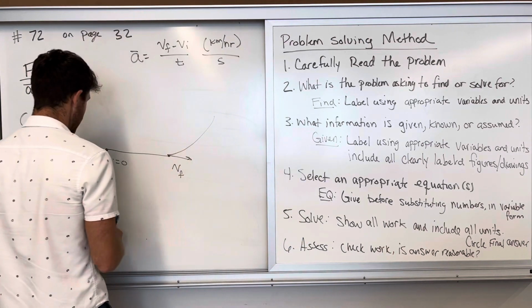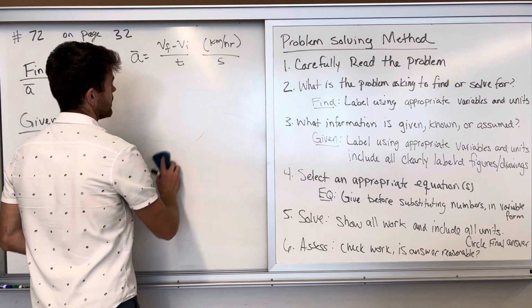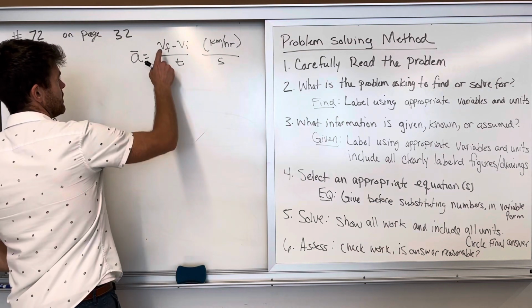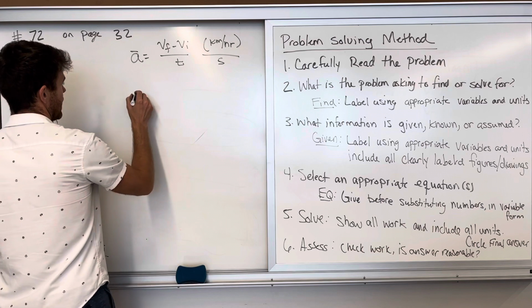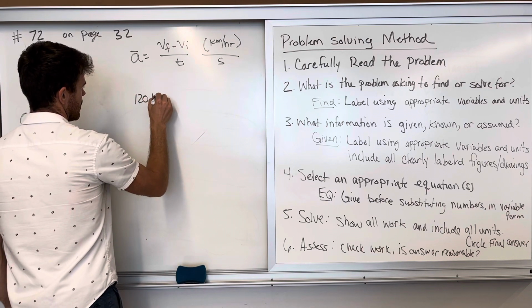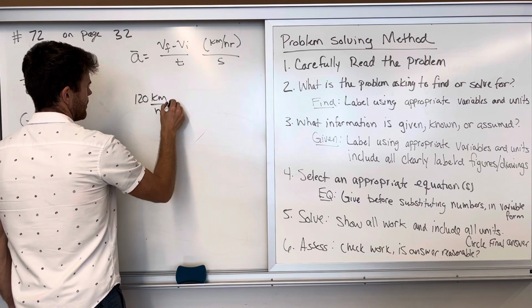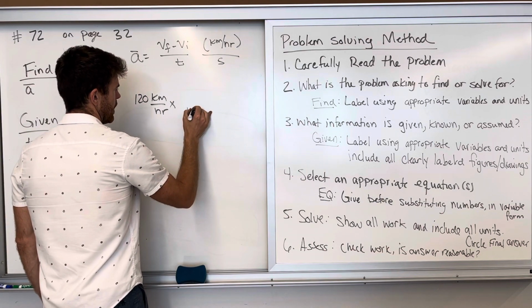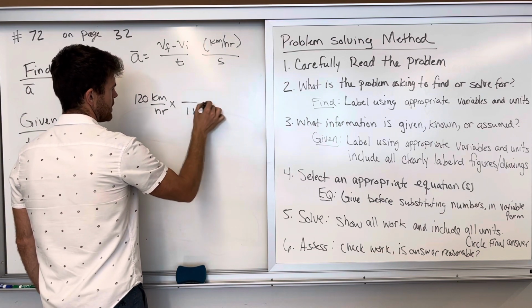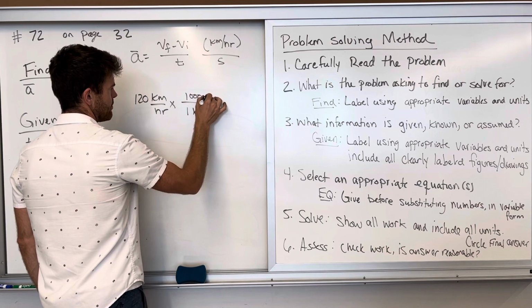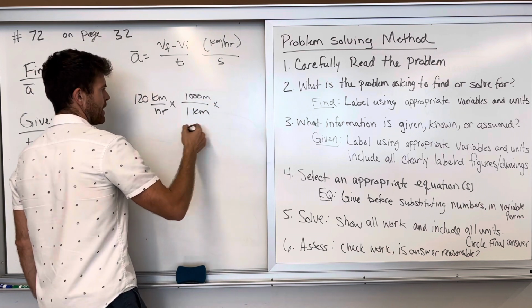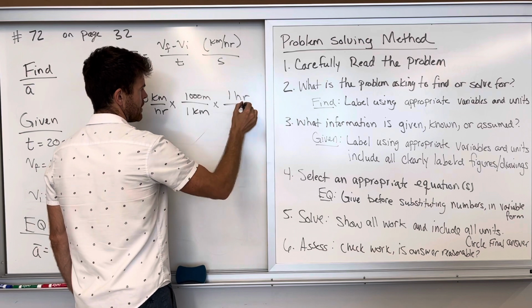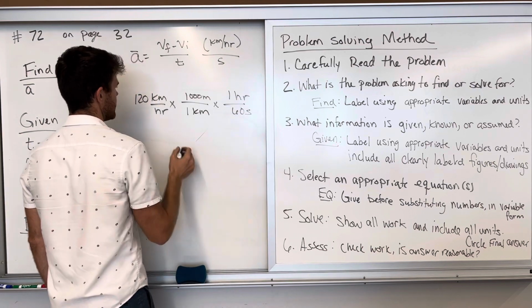So first, I'm going to take 120 kilometers per hour and convert it to meters per second. So 1 kilometer is 1,000 meters, and 1 hour is 3,600 seconds.